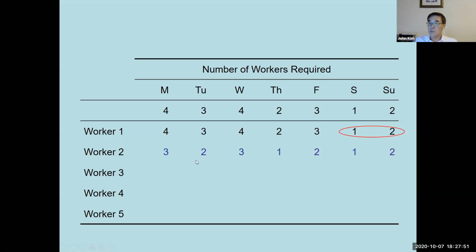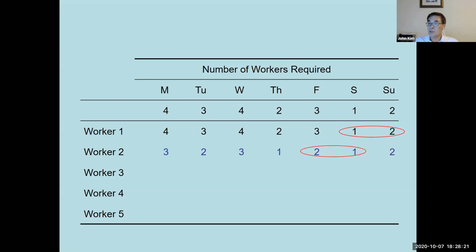And then circle again, 3, 2, 5, 2, 3, 5, 3, 1, 4, 1, 2, 3, 2, 1, 3, 1, 2, 3. So there are 3 ties, 1, 2, 2, 1, 1, 2. Maybe we can assign arbitrarily or ask worker 2, then worker 2 said, I will not work Friday and Saturday.